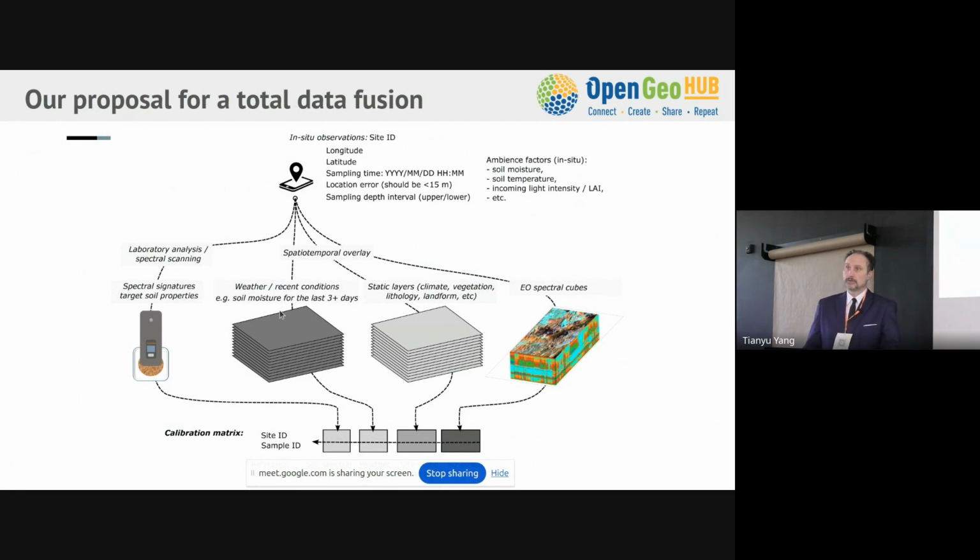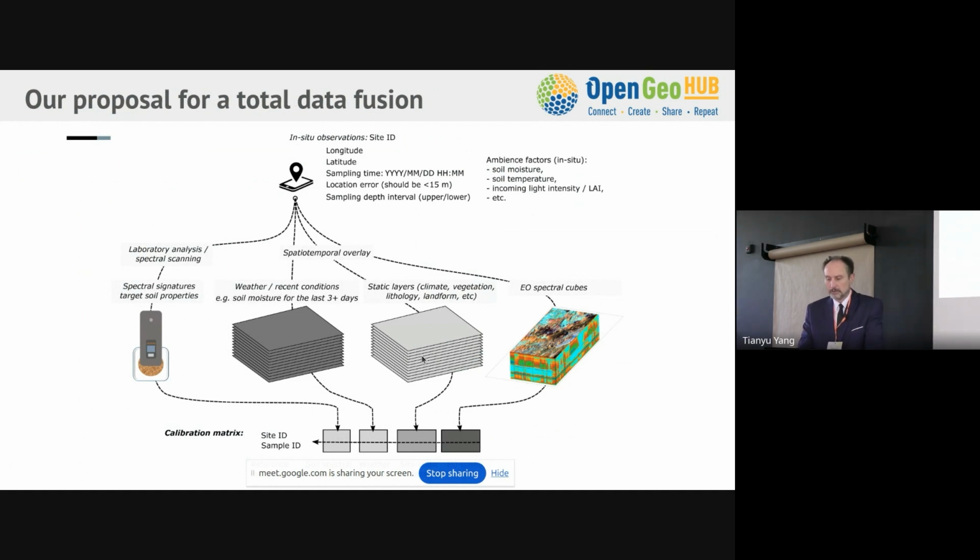You say, I was on this day on the field and I took a sample. It was, I don't know, the 2nd of September. And I ask, what was the soil moisture then? What was the temperature, etc. Then there's some static information, because I went somewhere in the field, so I was in some geomorphic position in the landscape.